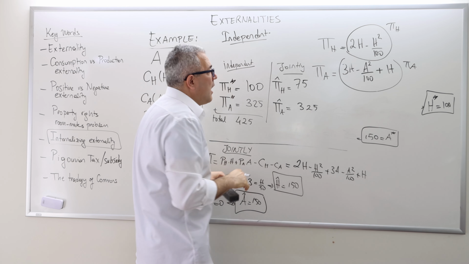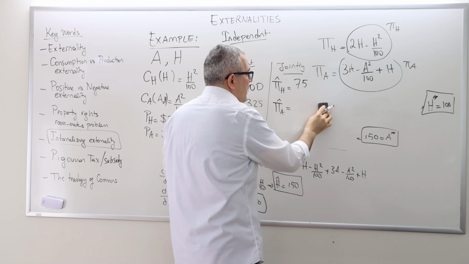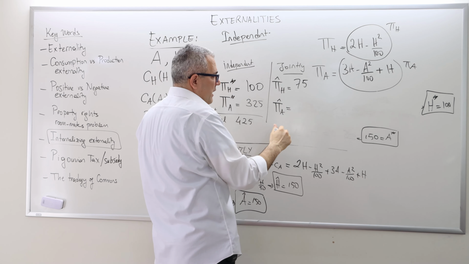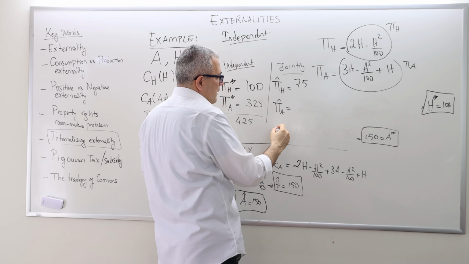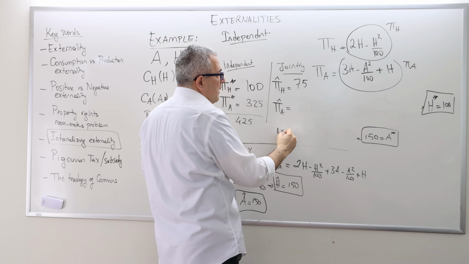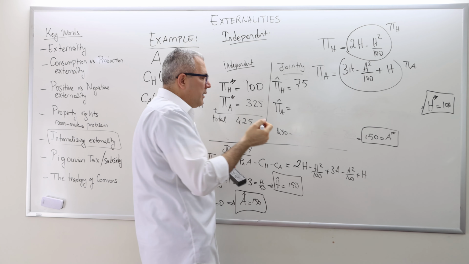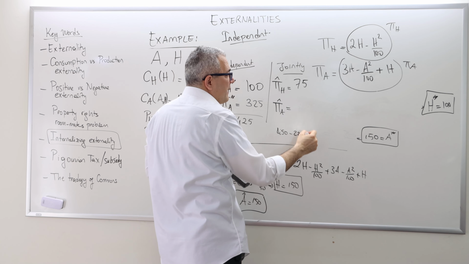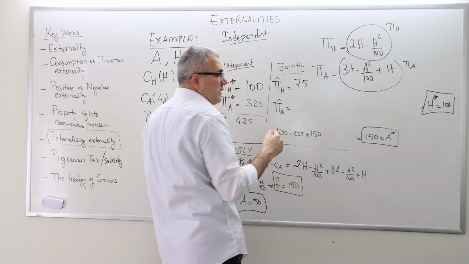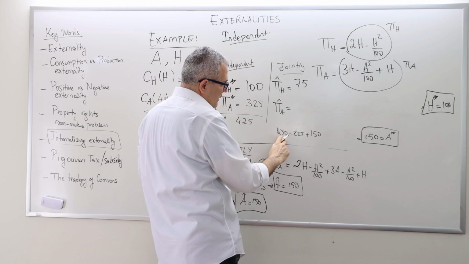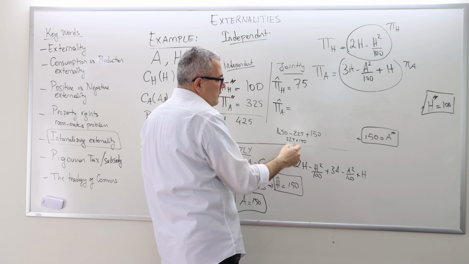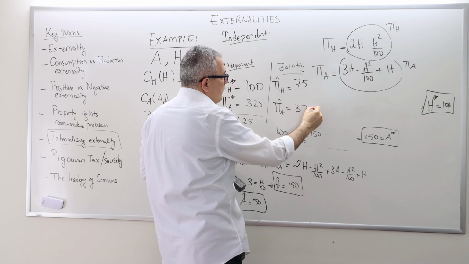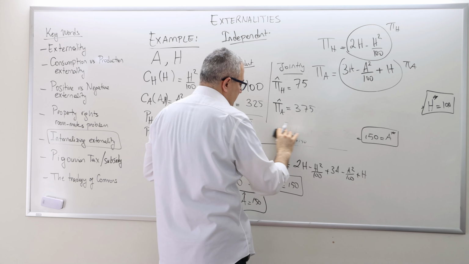It's not 325, because it's 3 times A, where A is 150, so it is 450, minus A squared divided by 100, which is 225, but H is not 100, it's 150. So again, this is 225 plus 150, so it's 375. So somebody's profit should be increasing.